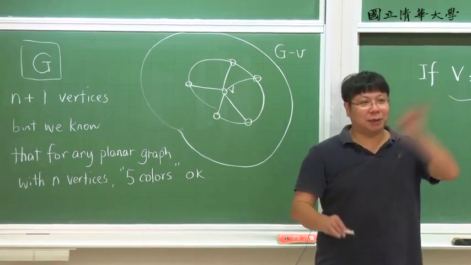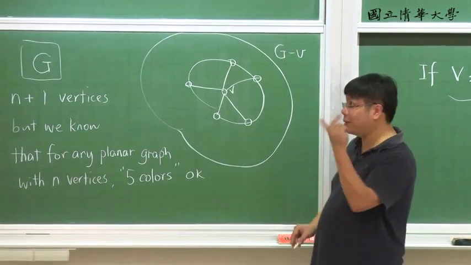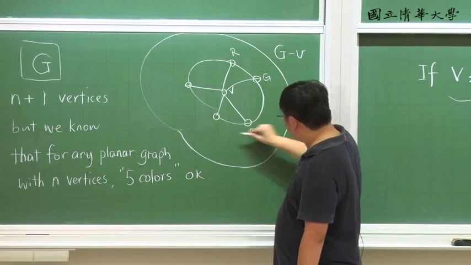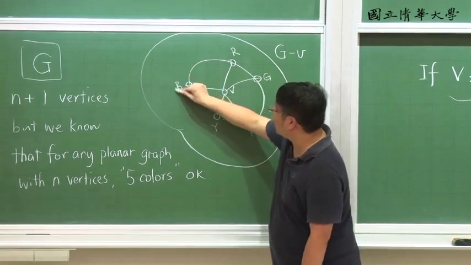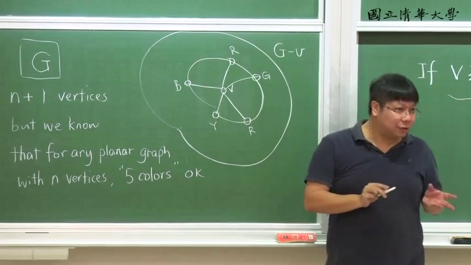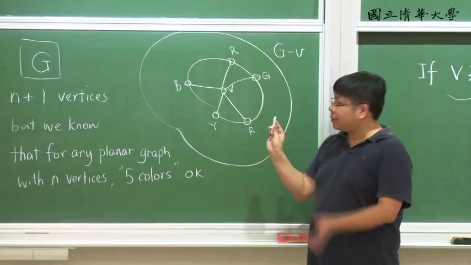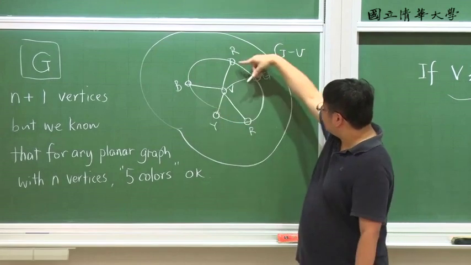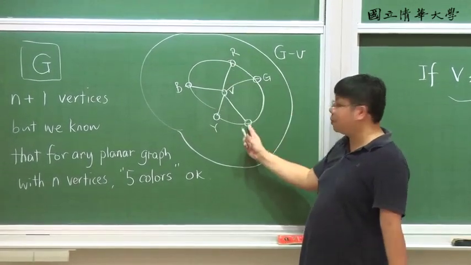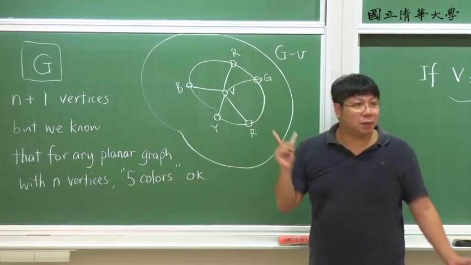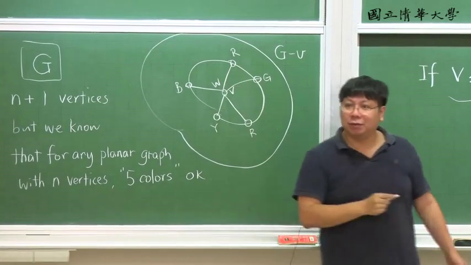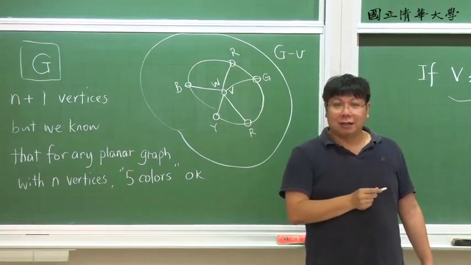So maybe this is red, this is green, this is red, this is yellow, and this is blue. Somehow, the coloring of the outer part, we do this by induction. But then it's just using 4 colors, so the red is repeated. Then this will be a good case for us, because we can still color V using the remaining color, white.